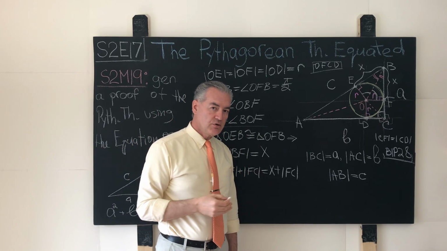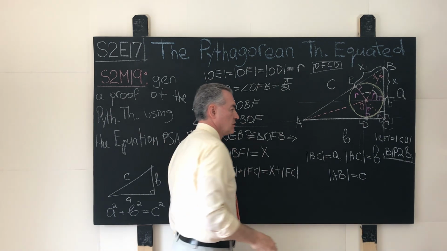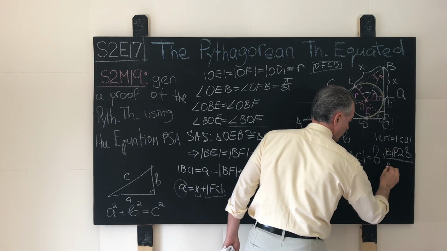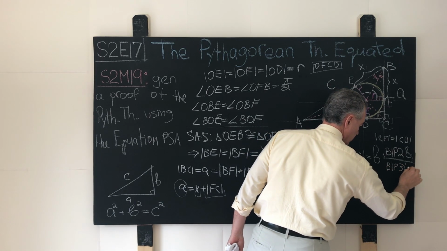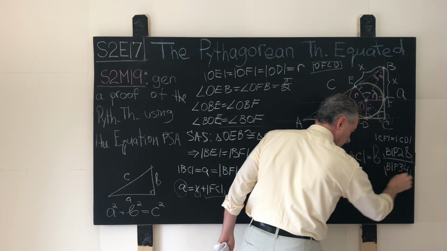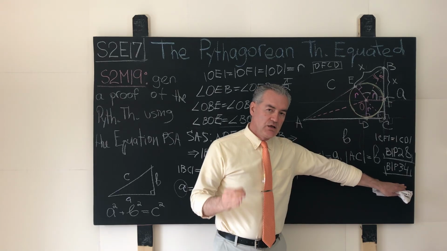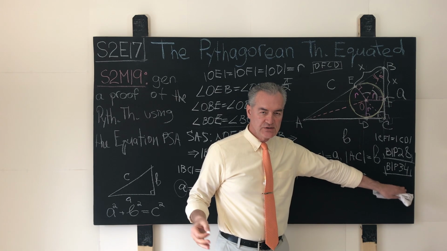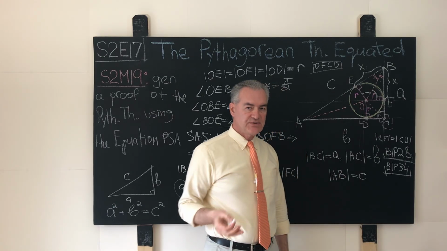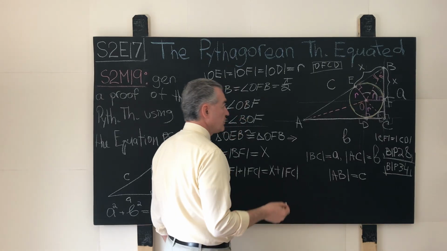And later on, in his Elements, in book 1, proposition 34, Euclid proves that in parallelogrammatic areas, the lengths of the opposite sides are equal. And what do we have in our case?